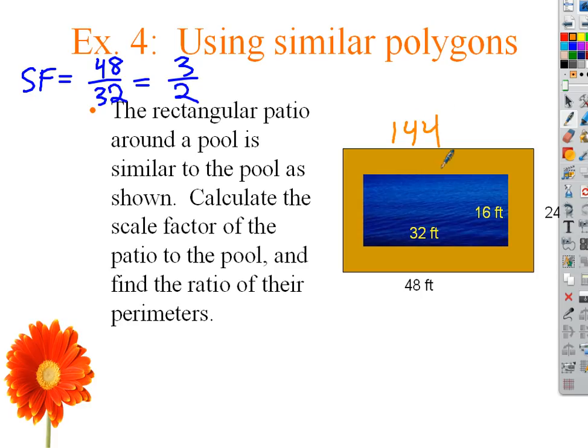Okay, that's the perimeter of the outer rectangle. What about the inner? 2 times 32 would be 64, plus another 32. 64 plus 32 is 96. Well, is that ratio the same?